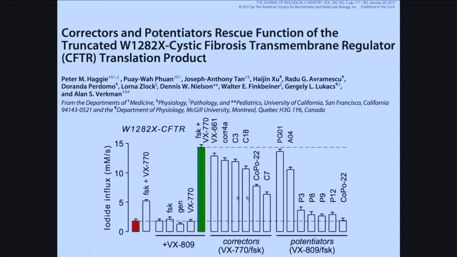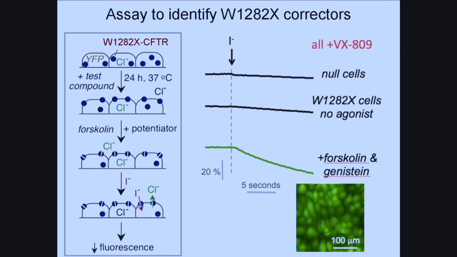And combinations of these various compounds produce various amounts of activity. So this showed proof of concept that a potentiator and a corrector might be useful for CF caused by the 1282X mutation.